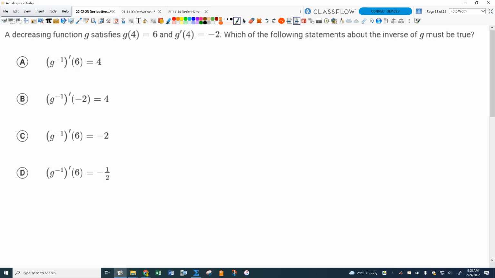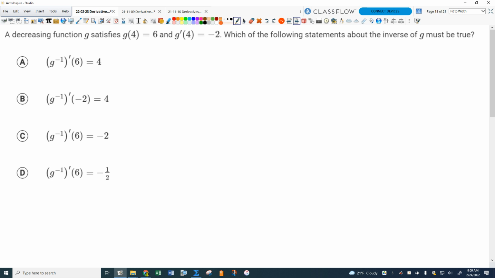How about this one? We've got a decreasing function g that satisfies g of 4 equals 6 and g prime of 4 equals negative 2. Okay, this is the other thing. So they're using g as the original function, which is okay. That's fine to do. If they're using g as the original function, we've got to restate our inverse formula for the derivative of the inverse.